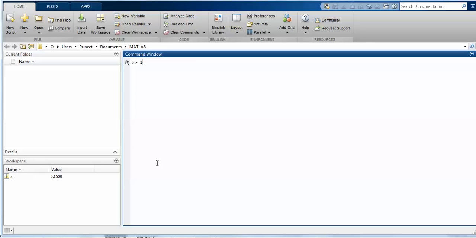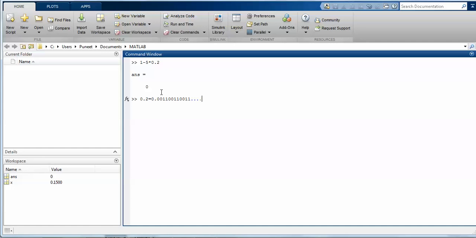Say what is the solution of 1 minus 5 times 0.2? The solution will be 0. The answer is correct. If you are using this syntax, 5 into 0.2, because of the error by conversion to binary, 0.2 will be converted to this type of binary system, going on to infinity.